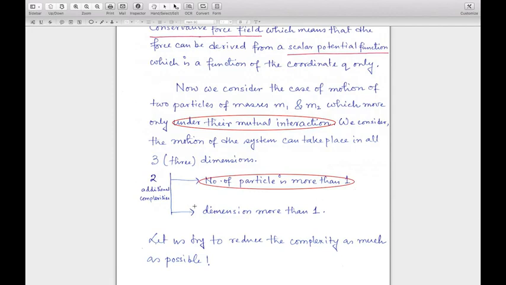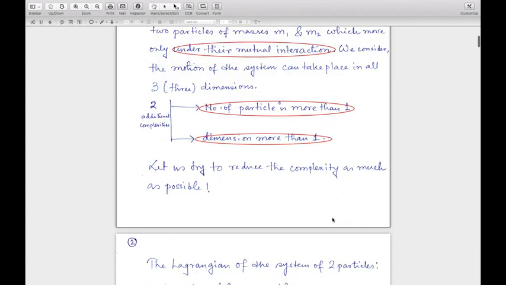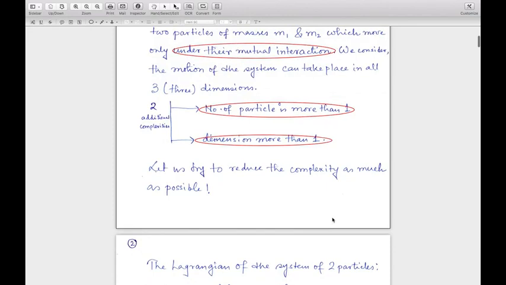The second one is that the dimension is now no longer 1, but it is higher than 1, it is 3. So two particles in 3 dimensions. Can we do something useful or effective so that we can reduce the problem at least to something which can be handled or managed in the known ways? That is the question. So let us try to reduce the complexity as much as possible.